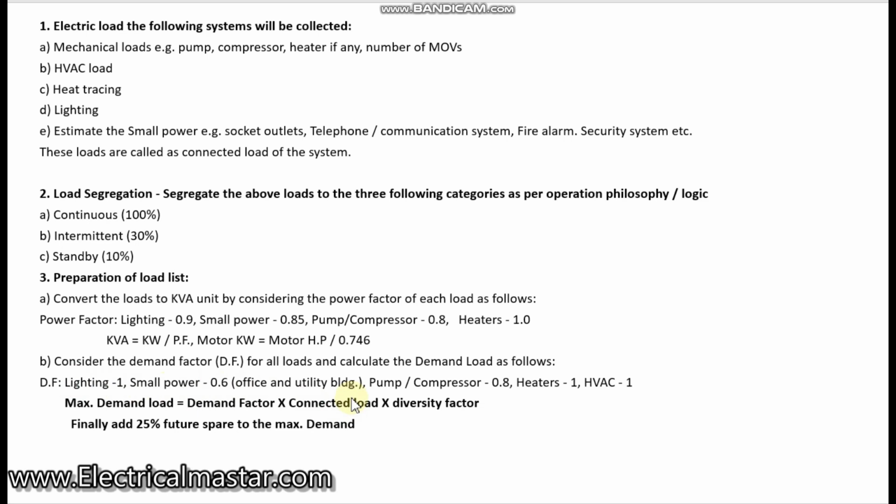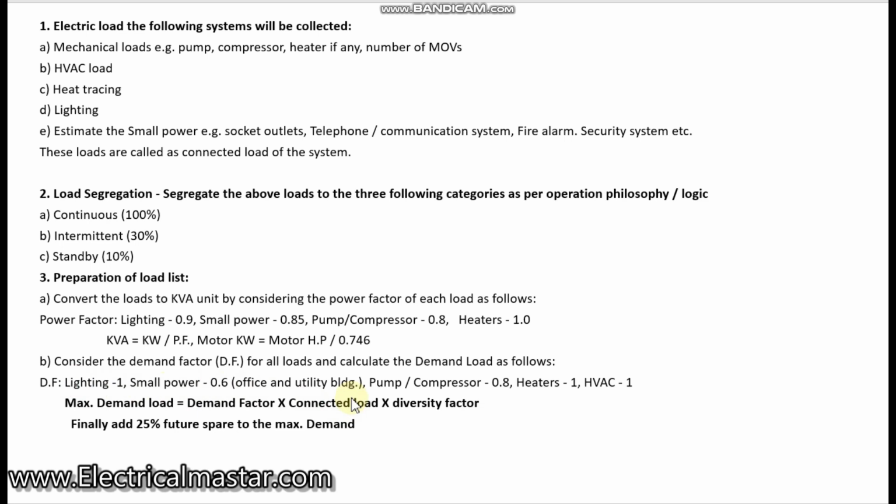That is called diversity factor, how many motors are running at maximum at a time. In the same way, as per IEC standard, they give some demand diversity factor for all the individual loads.